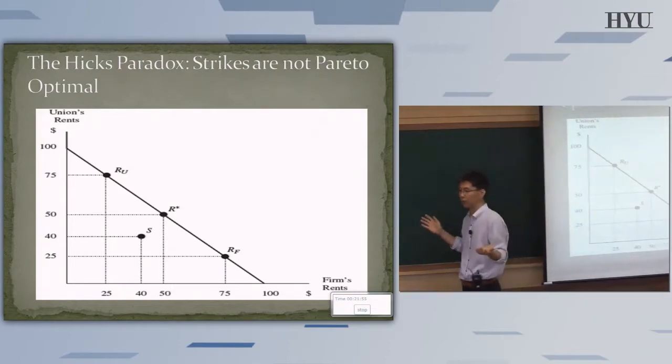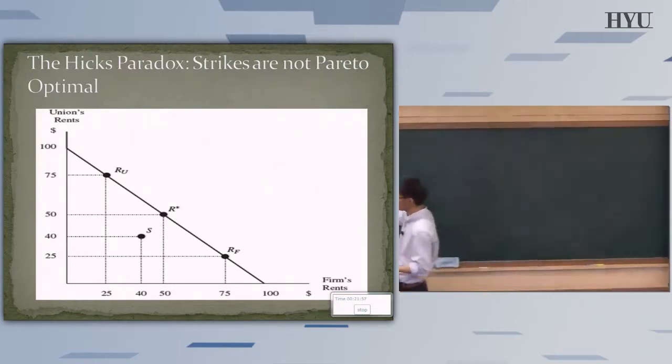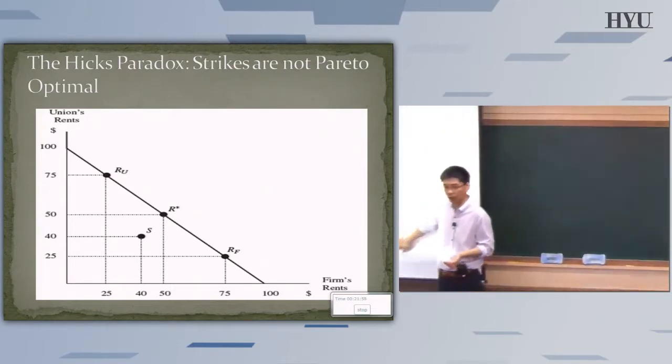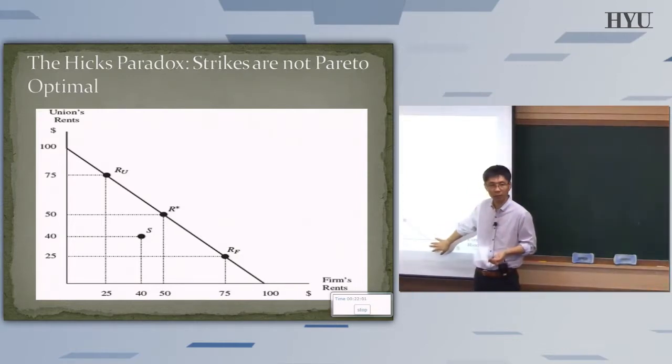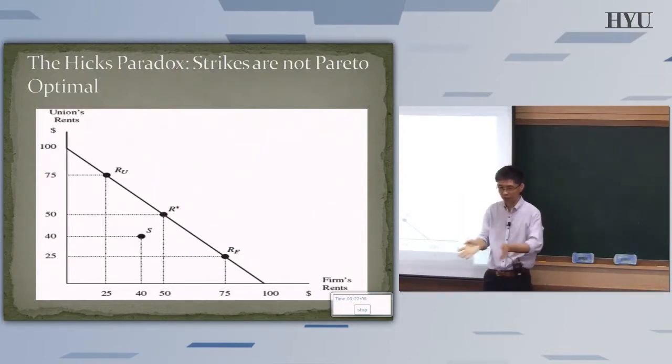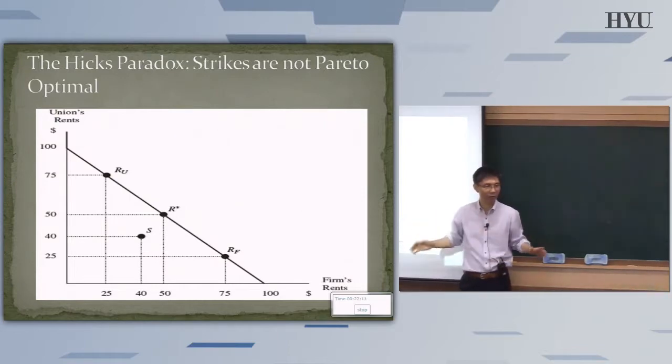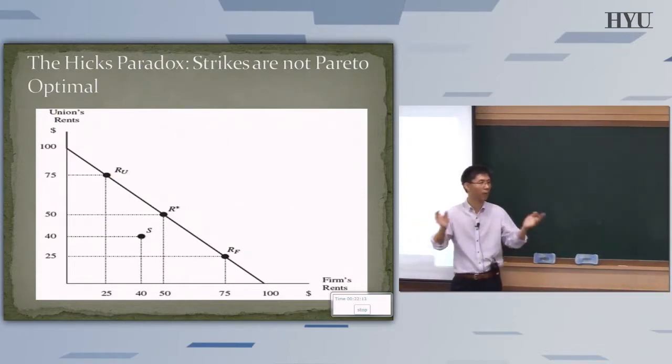But let's assume that the firm knows that they have $100, but the union doesn't know that. They are not sure how large the pie is. So they don't know the size of the pie.